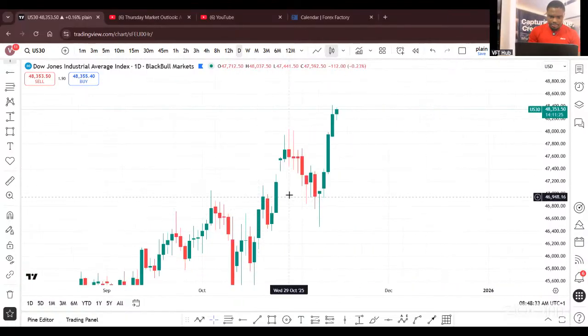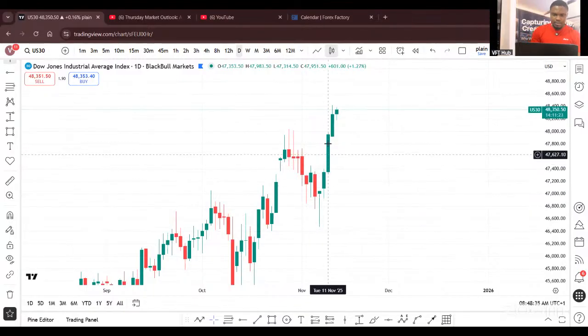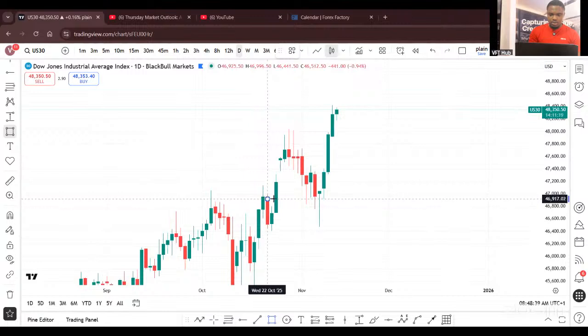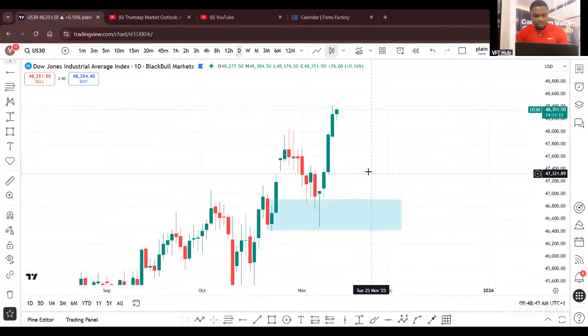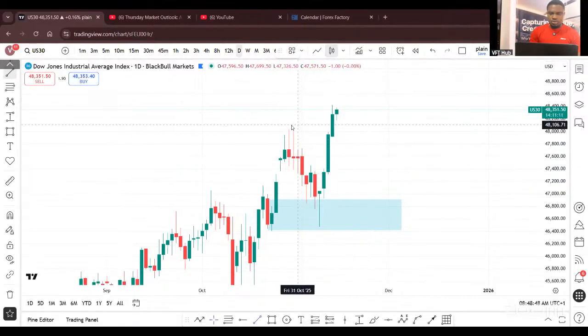Because this guy has been messing up. I expected it to reverse a bit at this zone, but then price just kept pushing. We saw a reaction from this other block, and then boom, price began to push to the upside. I've broken this structure on the daily time frame.